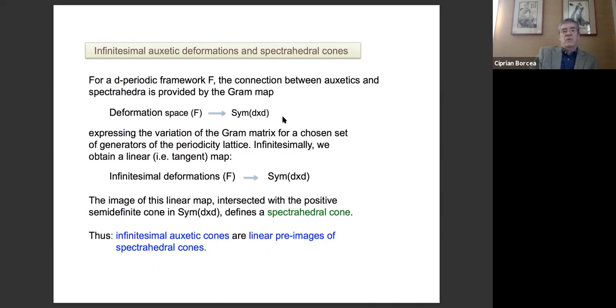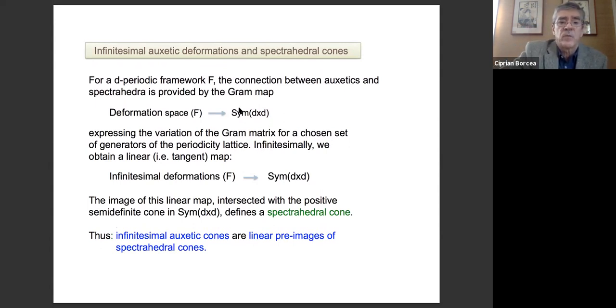So one point of our discussion is that from the point of view of this analogy, the gram map is in the periodic setting the analog of the end effector map in classical robotics.